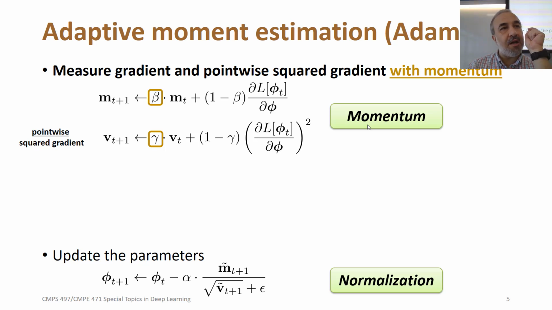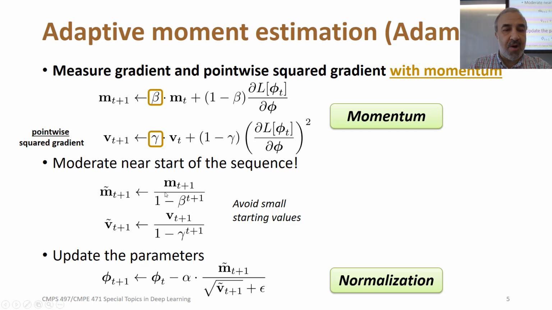Right. One other small change that we will do is, because at the beginning these values are very small, and the initial values for them is 0, that means that the updates that we will do in the beginning will be very, very small, right? And it will take time to increase with the momentum. So to avoid that, we will divide by 1 minus beta to the power of the number of iterations.